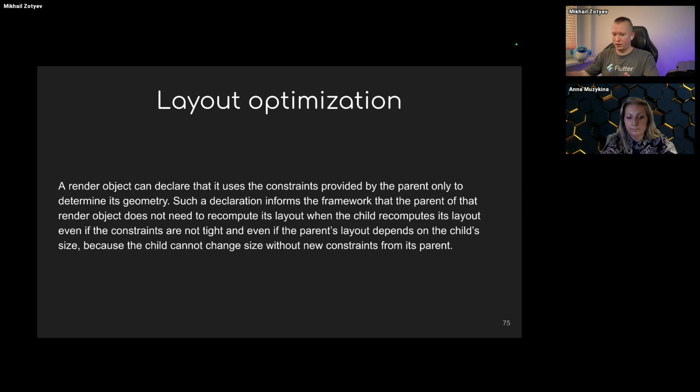From its side, the child can say that the only important thing to calculate size for its child is the constraint provided by the parent. And in this case, even if the parent watches, for example, the size of the child, there will be no additional calculation, even if the layout of the child is for some reason recalculated.